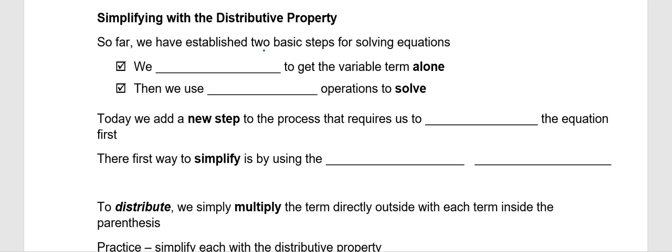But just as a quick review before we get started, we should remember that up to now there's been two steps at most for solving any equation. The first step was to isolate, and that means to get the variable alone. And don't forget, that required us to either add or subtract terms on both sides, okay?